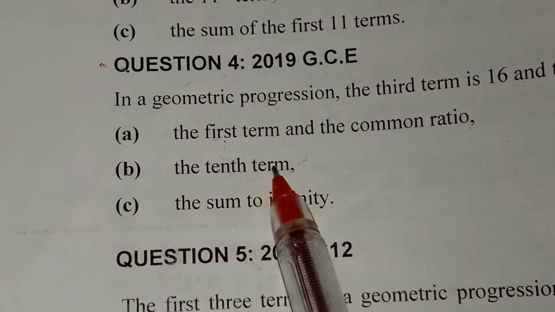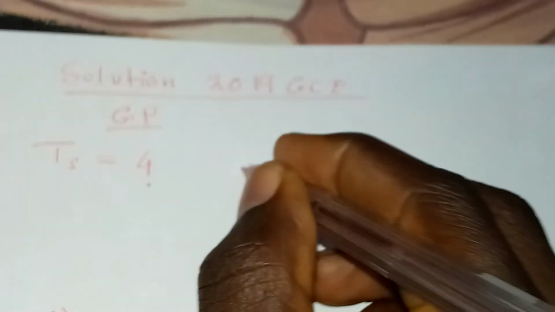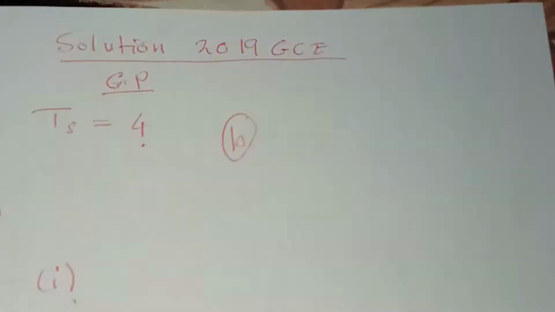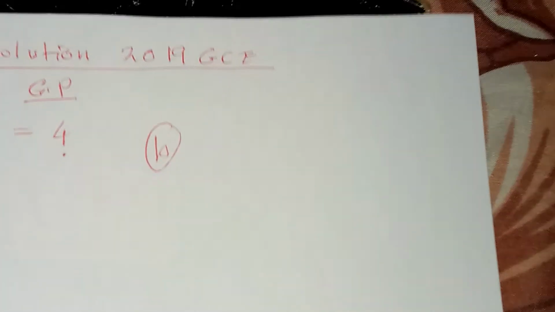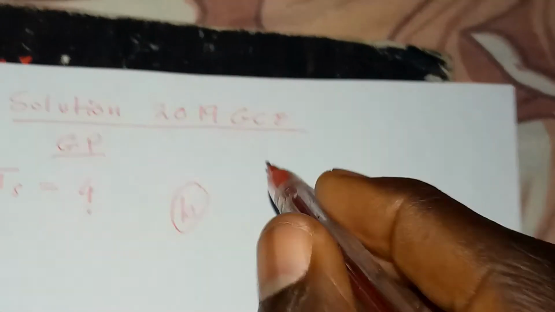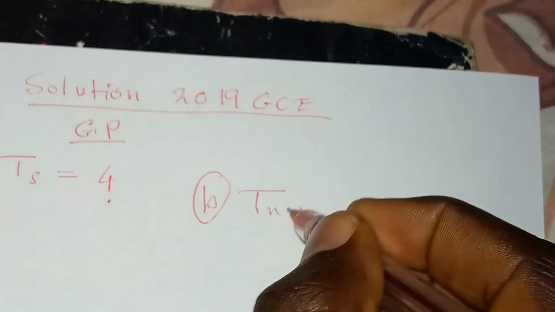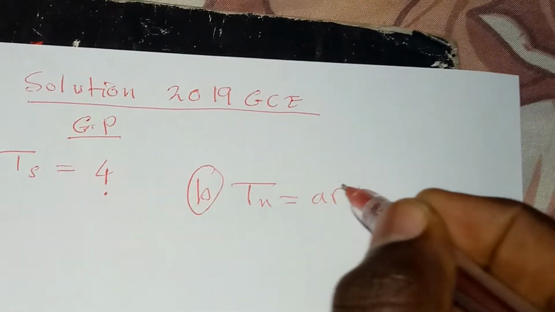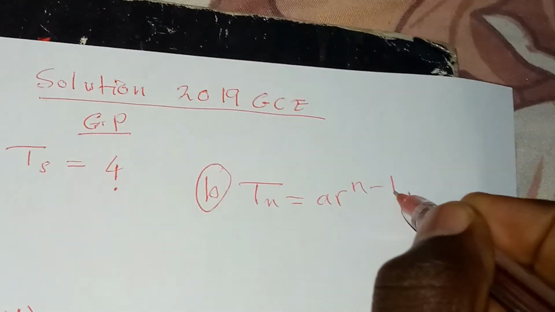Then the next question is saying the 10th term. This was A, then B. Remember, finding the nth term we use this same formula. The nth term is equal to the first term multiplied by r to the power n minus 1.